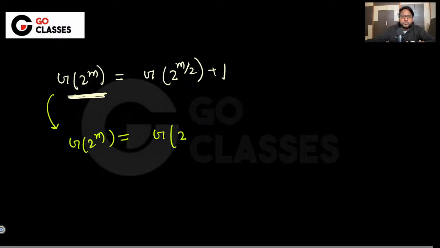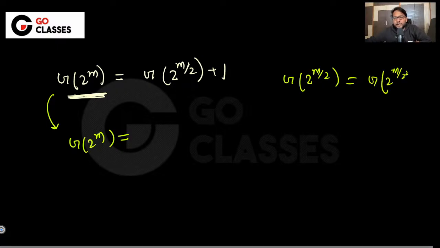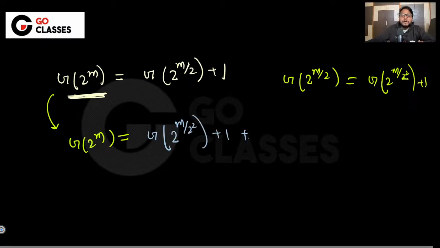It will be g of 2 power m by 2 square plus 1, right? Then that is why it is g of 2 power m upon 2 square plus 1, right?